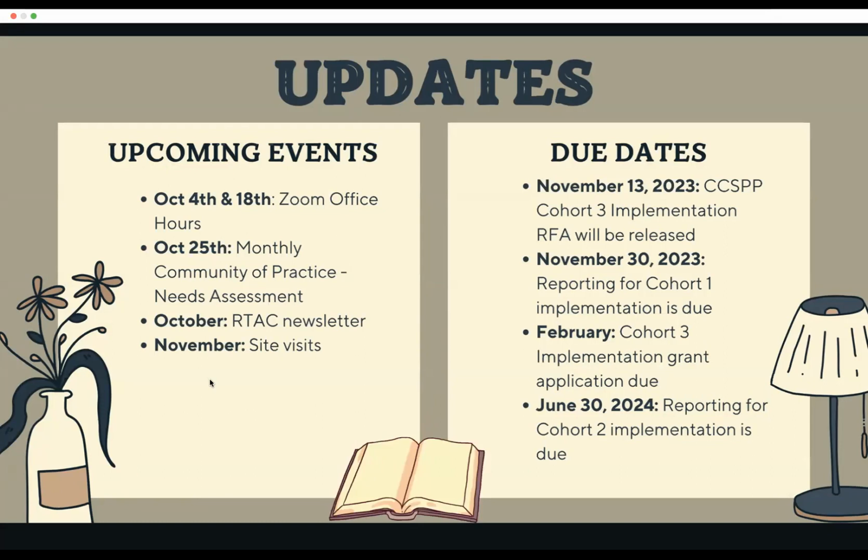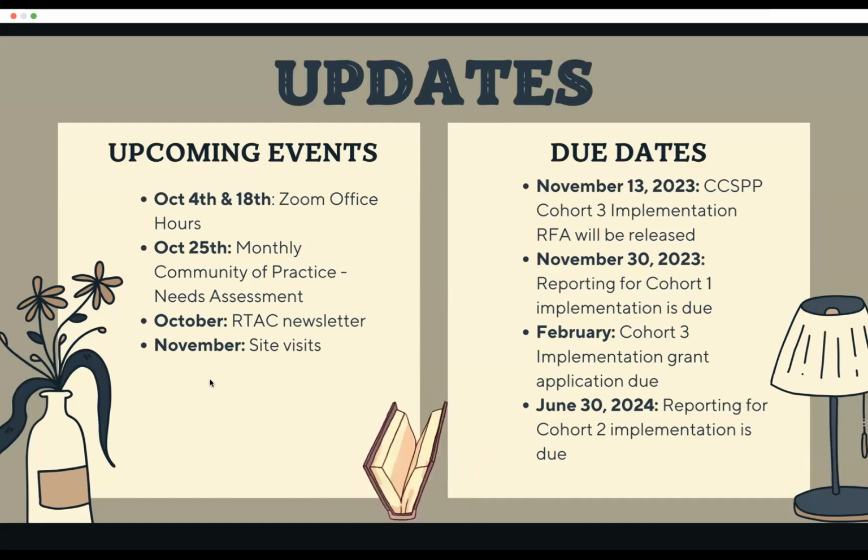And then some important due dates. So November 13th, the CCSPP Cohort 3 Implementation RFA will be released. If you are in planning cohort 2, you can apply for the cohort 3 implementation RFA. And I know that we've got many districts that are going to be going for it.